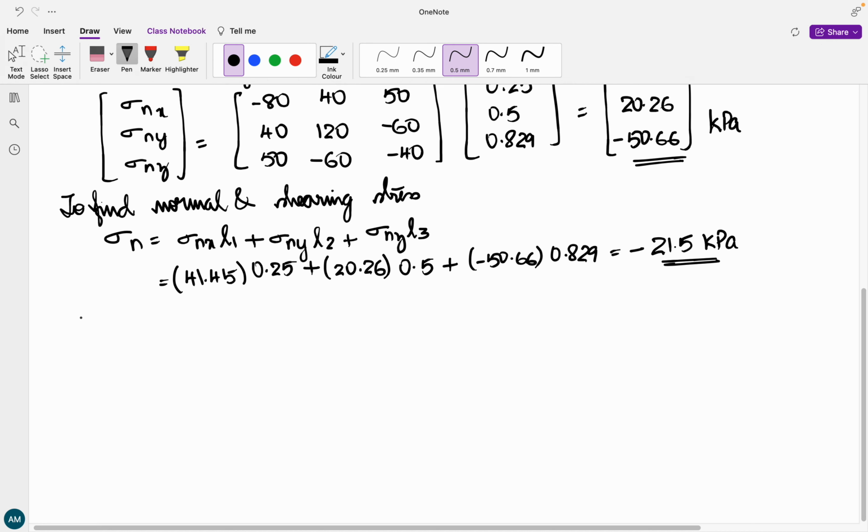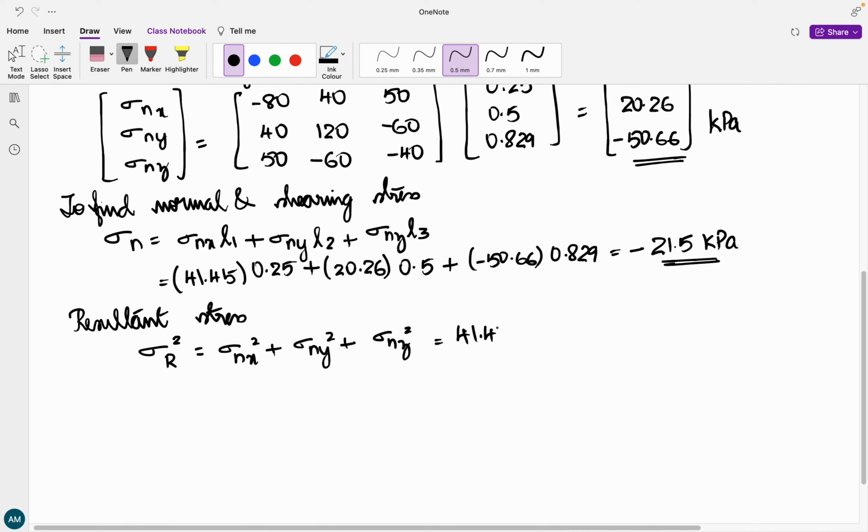Units are very important. Then last point, resultant. We need to write the resultant stress. So sigma r square, this is the resultant, is equal to sigma nx square plus sigma ny square plus sigma nz square. That is substituted 41.45 square plus 20.26 square plus minus 50.66 square.